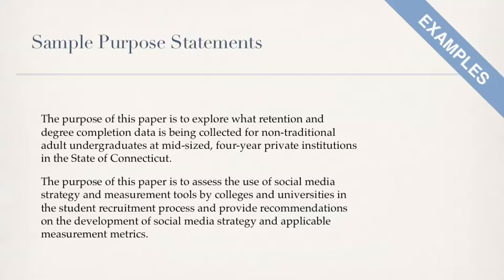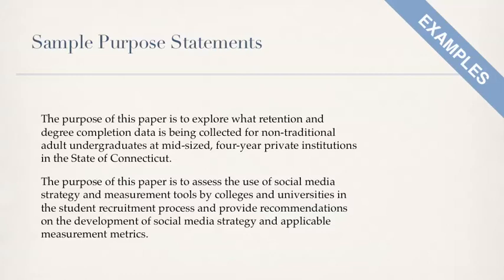Now, here's a second example of a successful capstone project purpose statement, which is the purpose of this paper is to assess the use of social media strategy and measurement tools by colleges and universities in the recruitment process and provide recommendations on the development of social media strategy and applicable measurement metrics.